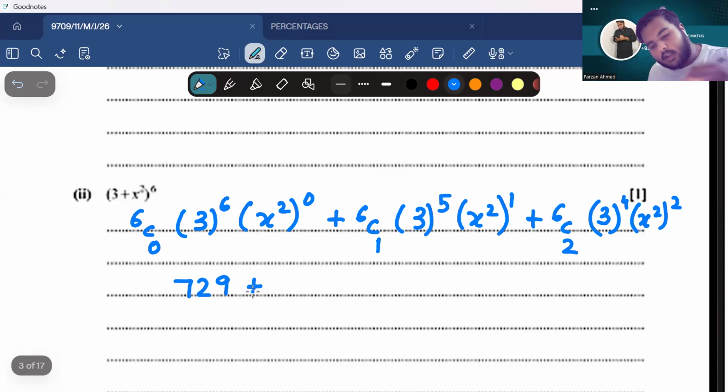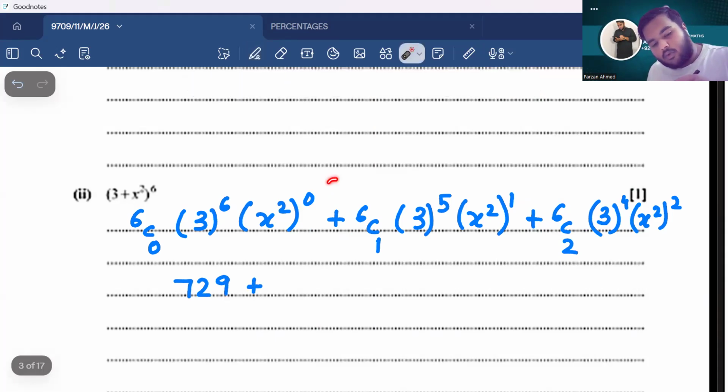And x raised to power 0 is 1, so that's why I'm not writing it.